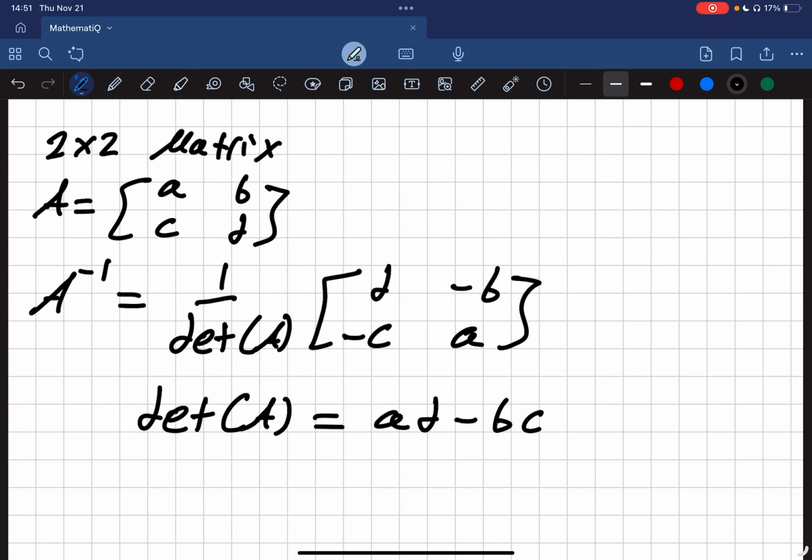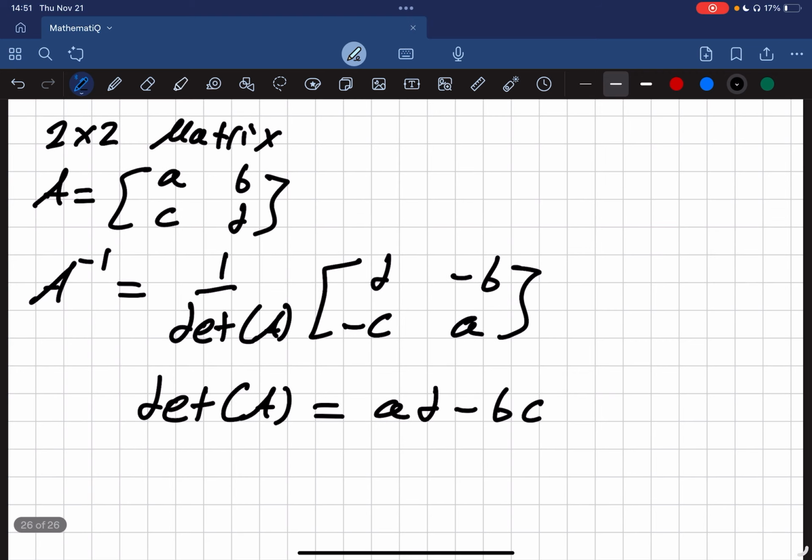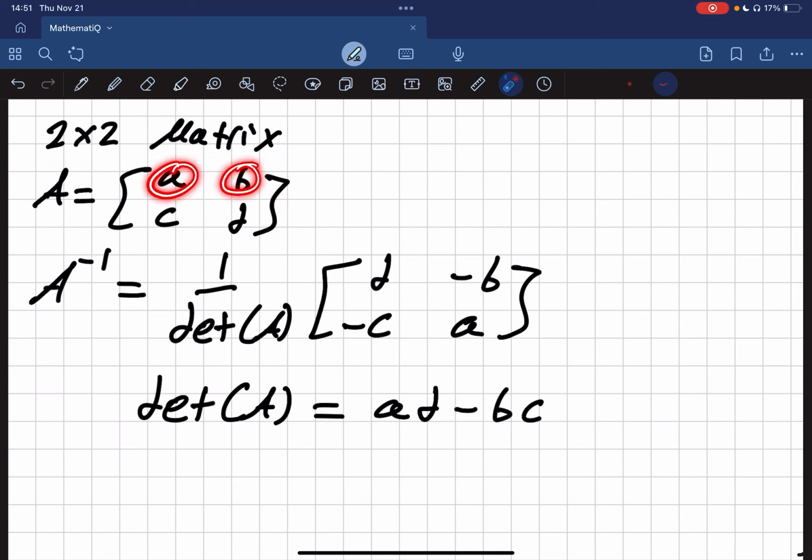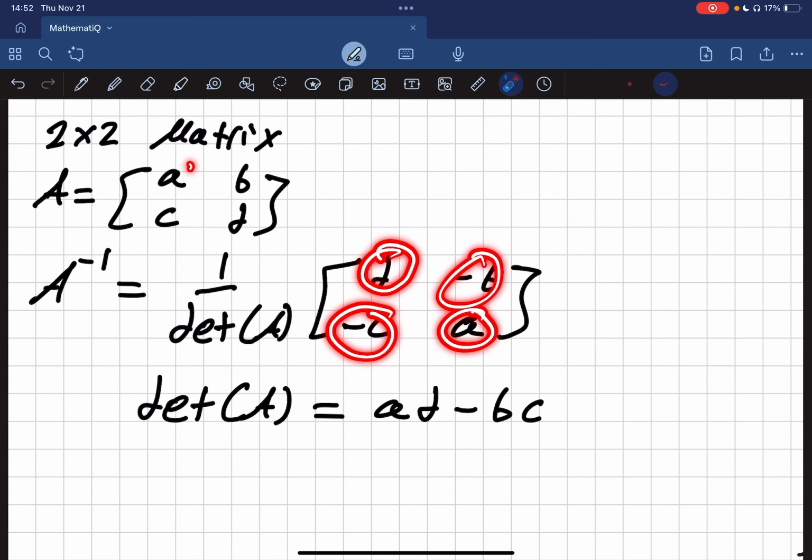Okay? So what this means is that when you have the matrix A, which is a 2 by 2, where you have elements a, b, c, and d, to find the inverse, you simply swap a and d, right? So you literally just swap them around, and you negate b and c. So b and c stay in their same positions, they just become negative, but on the diagonal, the other way, you just swap the elements.